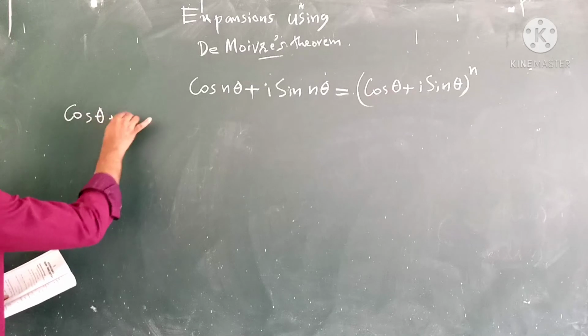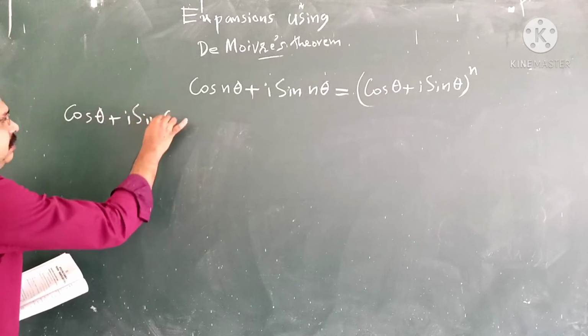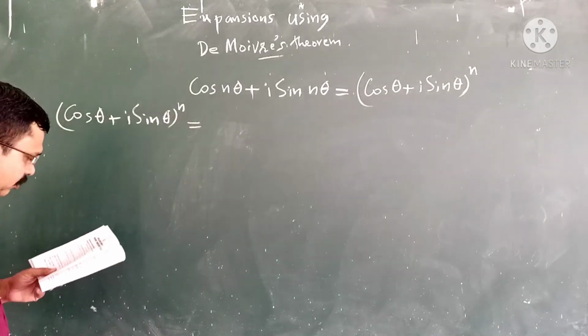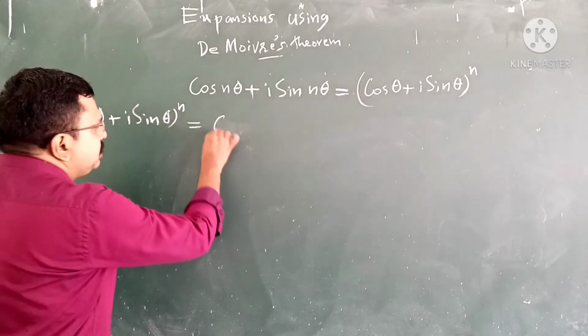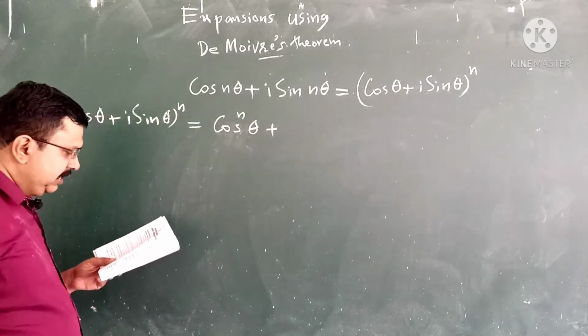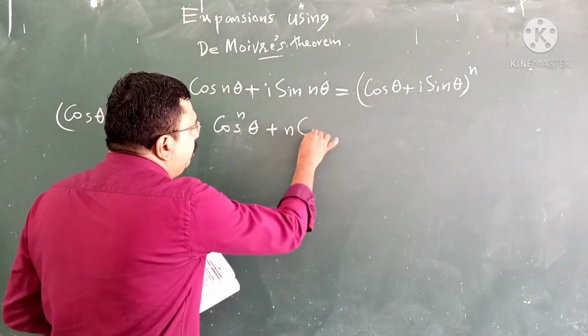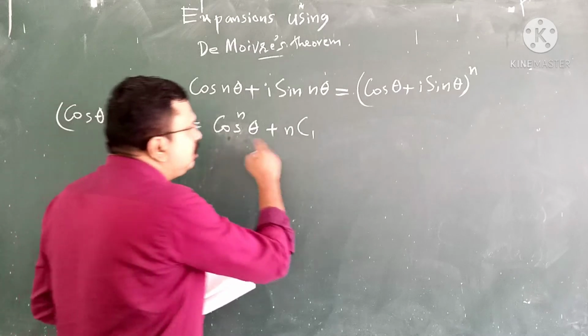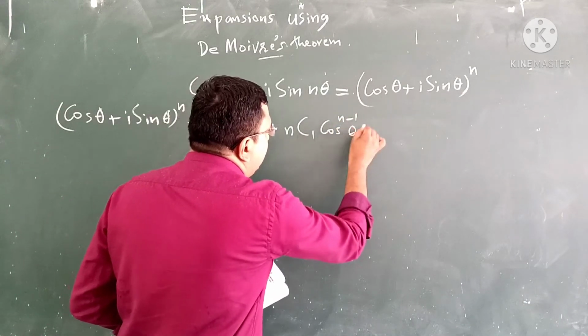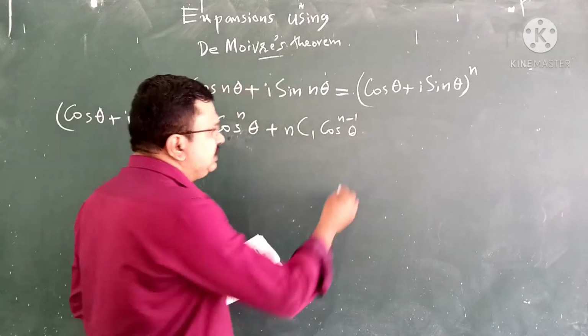Cos theta plus I sin theta the whole raised to n equal to cos n theta plus nC1 into cos n minus 1 theta into I sin theta.